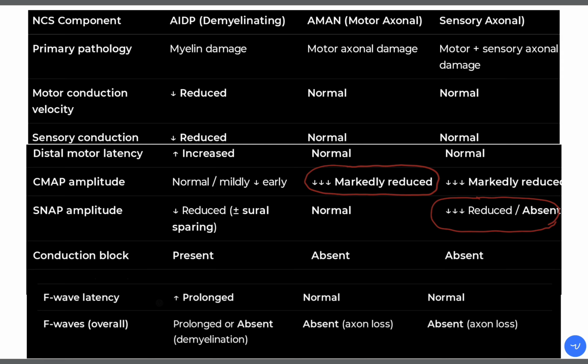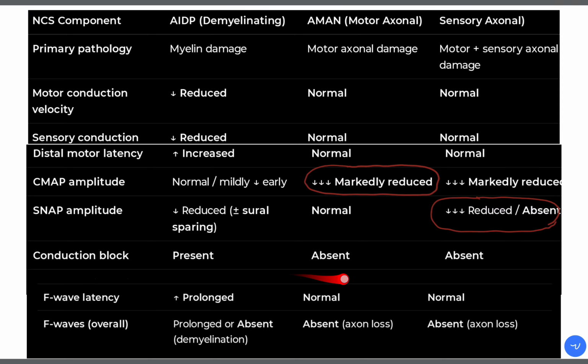We should understand what is conduction block and what is F wave latency. Basically, F wave is a two-way running of the action potential. If a peripheral motor neuron is stimulated at the distal portion, there will be a forward flow and the muscles will get activated, and there will also be a retrograde action potential flowing to the anterior horn cell.